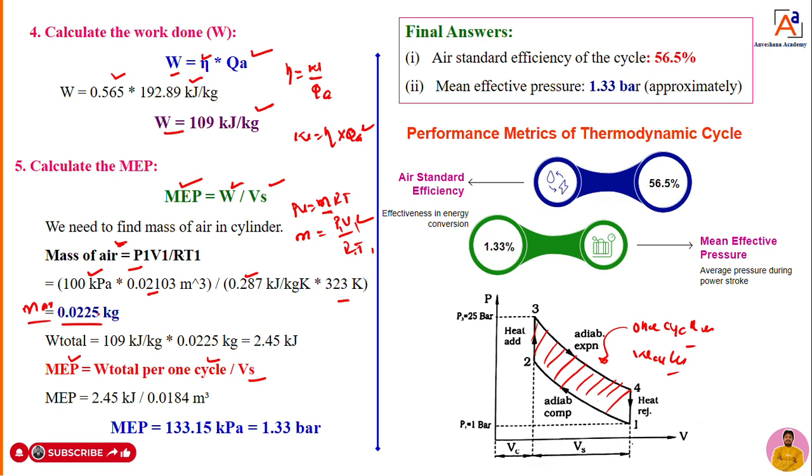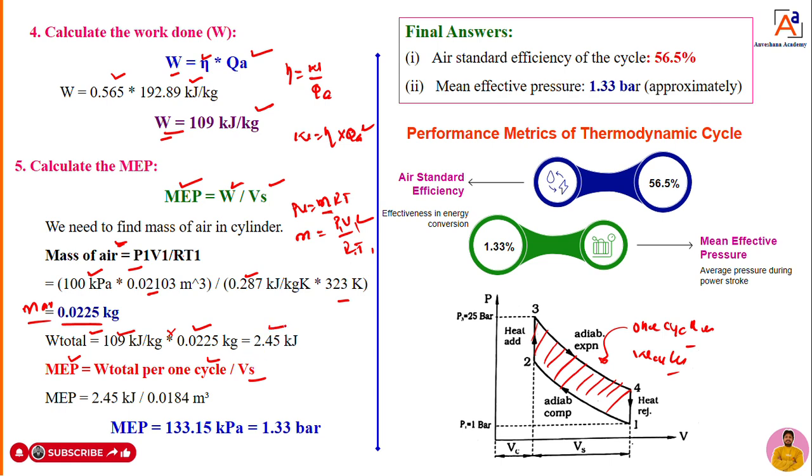Then you will get the mass of air you supplied. That mass of air you multiply with the total work, then only you are going to get the work done per cycle. So total work done per cycle is nothing but total work multiplied with the air supplied in one cycle, that is 0.0225 kg.